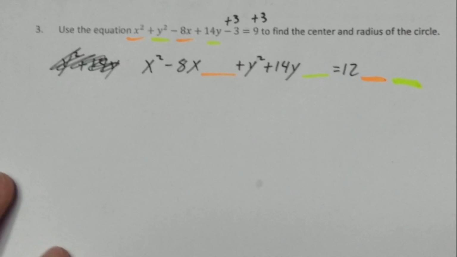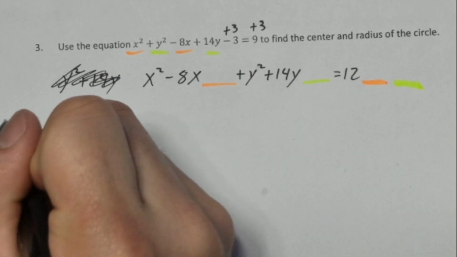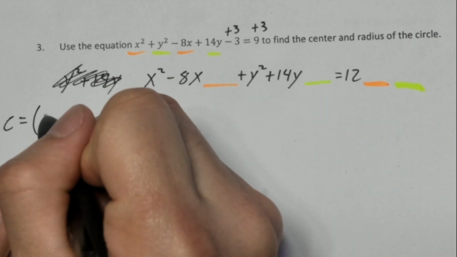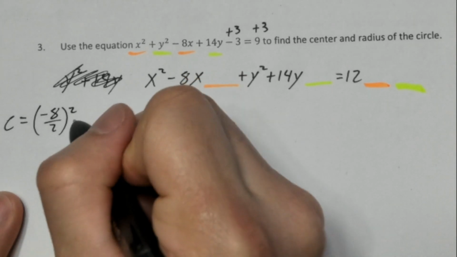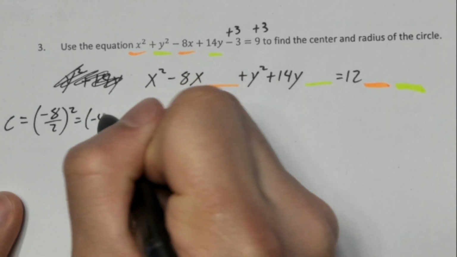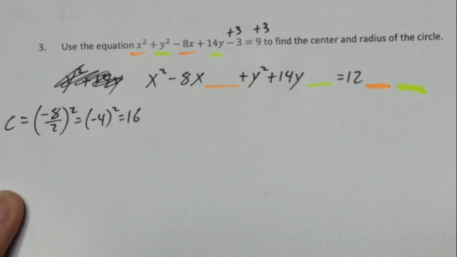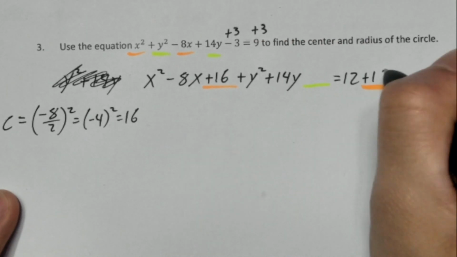All right, let me find my c values. So for x, c equals negative 8 divided by 2 squared, which equals negative 4 squared, which equals positive 16. So I'm going to add 16 here, and I'm going to add 16 here.